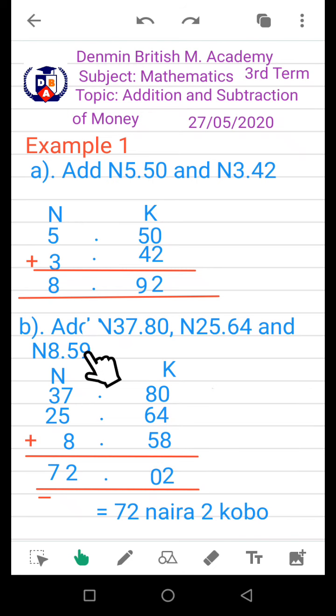So we just come here and change it to 8 because we've already started using 8 to solve. So that is our addition. Let's move on to the next example.